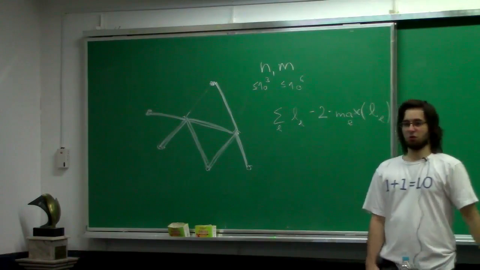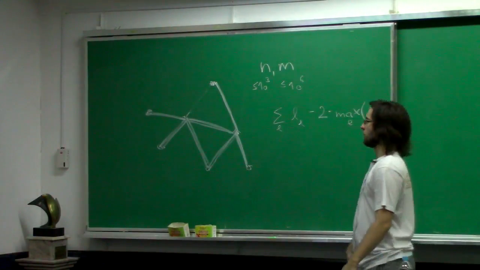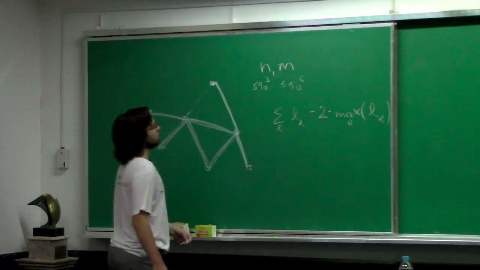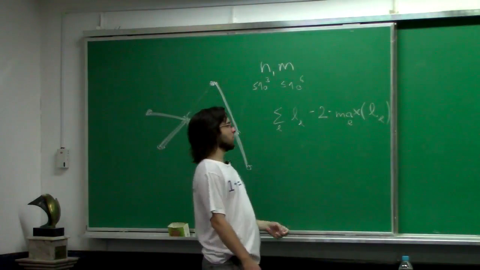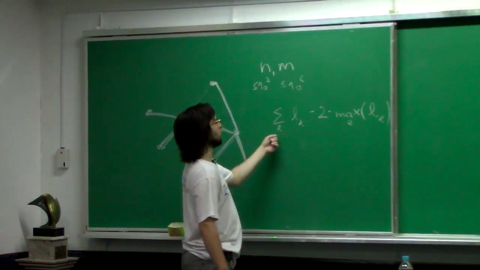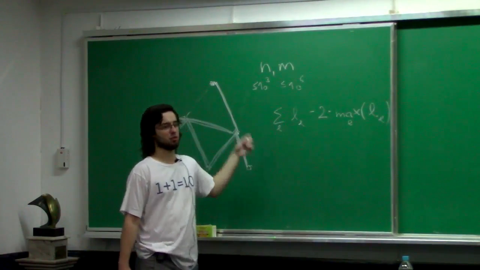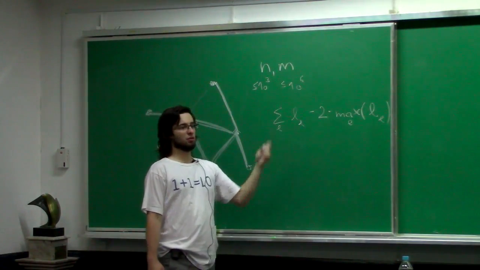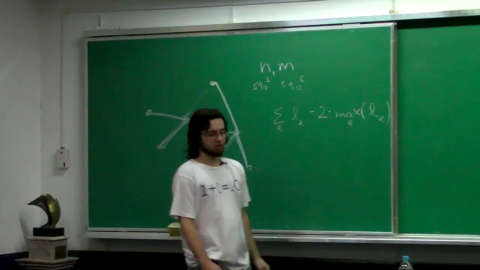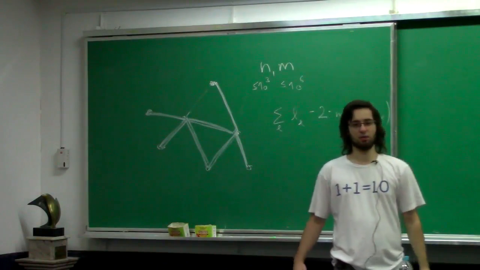Unlike with the minimum spanning tree, in which we are trying to find just the minimum sum of lengths of edges, in this case we want to take all. Okay, if this was a spanning tree, then we would take the sum of lengths of edges except the longest one, and then subtract the length of the longest edge.